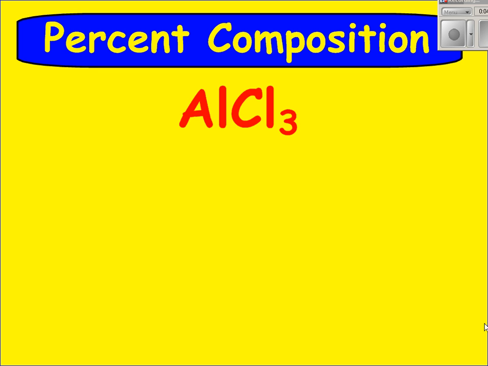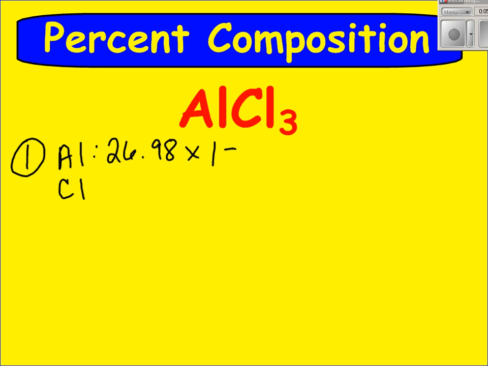Consider the following compound, AlCl3, aluminum chloride. Let's go ahead and figure out the percent composition for this compound. Our first step is to determine the molar mass for this compound. We have Al and Cl. Al is 26.98, and there's only one atom, leaving it at 26.98.